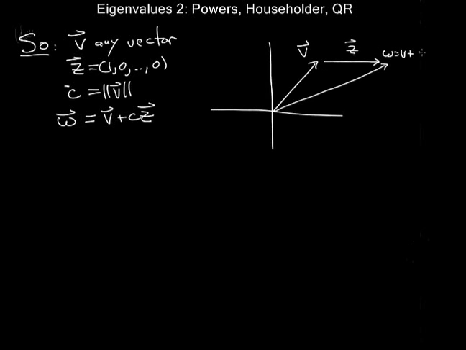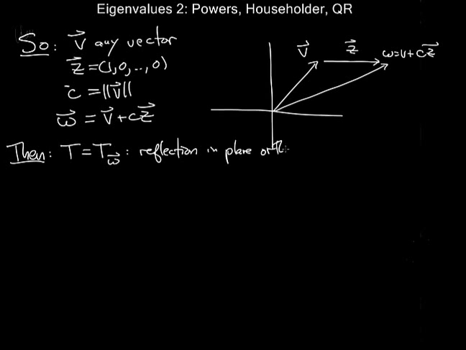That's z to get v plus c times z. And then when you do reflection through this plane, that does what you want. It takes the vector v to a point on the x-axis. The claim is that the formula is v given here.